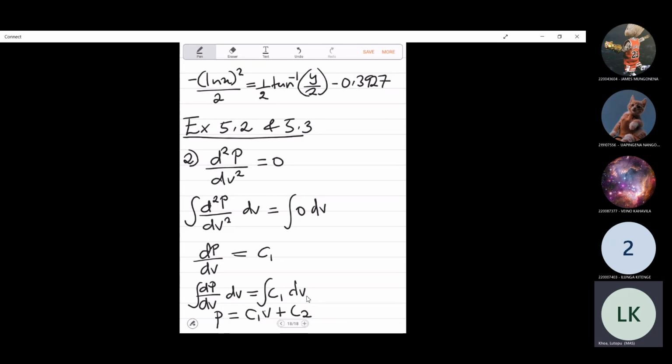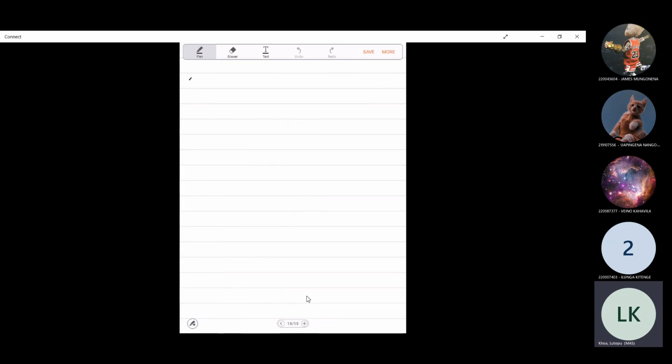Okay, that's number 2. Then number 4, we have x dy is equal to cot y dx. This is an example of one that is separable, and by that we mean the terms with x and dx on one side, the terms with y and dy on the other side.